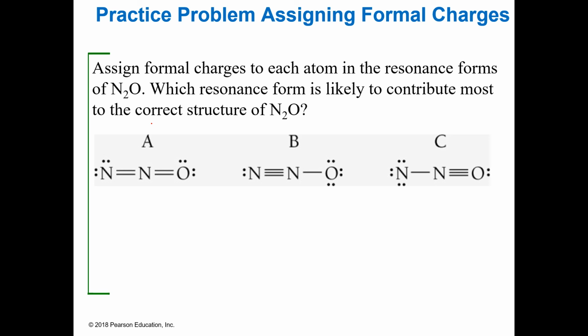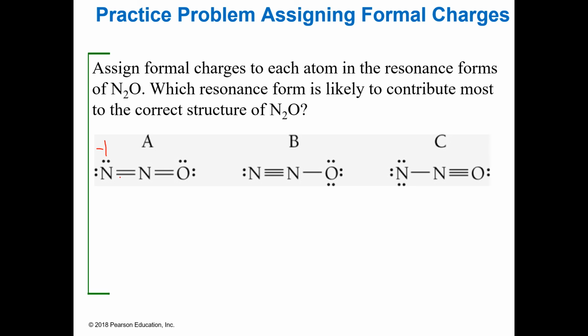Here we have dinitrogen monoxide, and we want to figure out which one of these resonance structures is the highest contributor. So I'm going to give you a second. Go ahead and pause this and write your formal charges. Okay, so remember nitrogen has 5 valence electrons. So here we have 5 minus 1, 2, 3, 4, 5, 6. So I have a -1 charge.